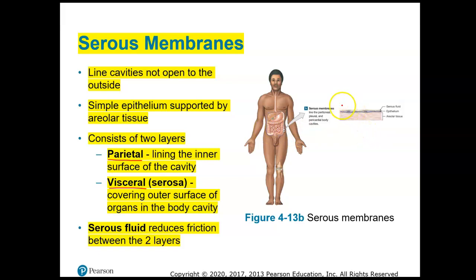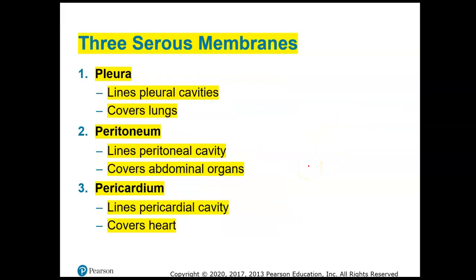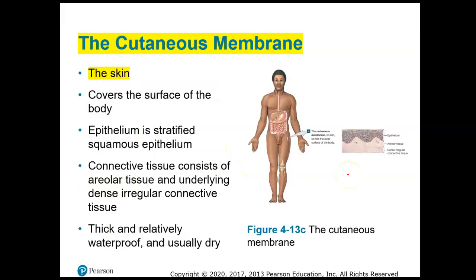The serous membranes do have simple squamous epithelial tissue, and then underneath that is an areolar tissue. All right, the three serous membranes are the pleura, which cover the lungs, the peritoneum, which covers the abdominal organs, and the pericardium, which covers the heart.